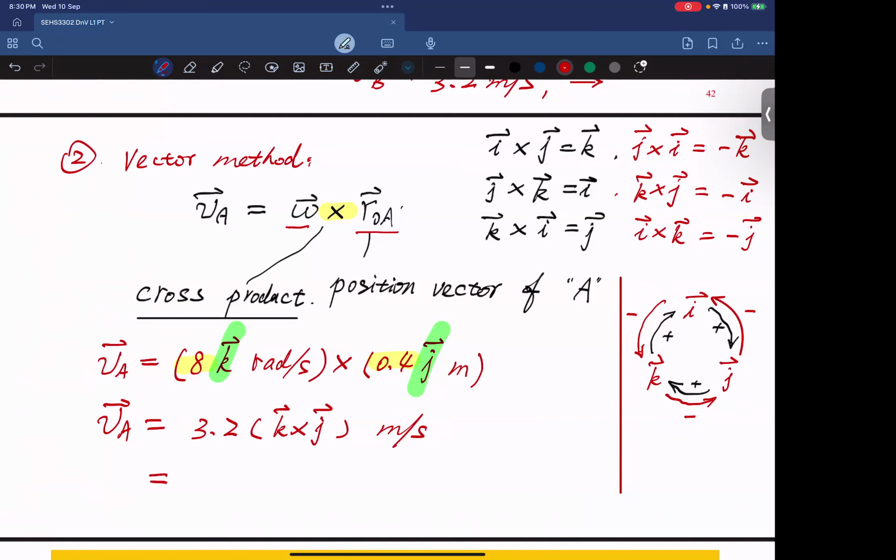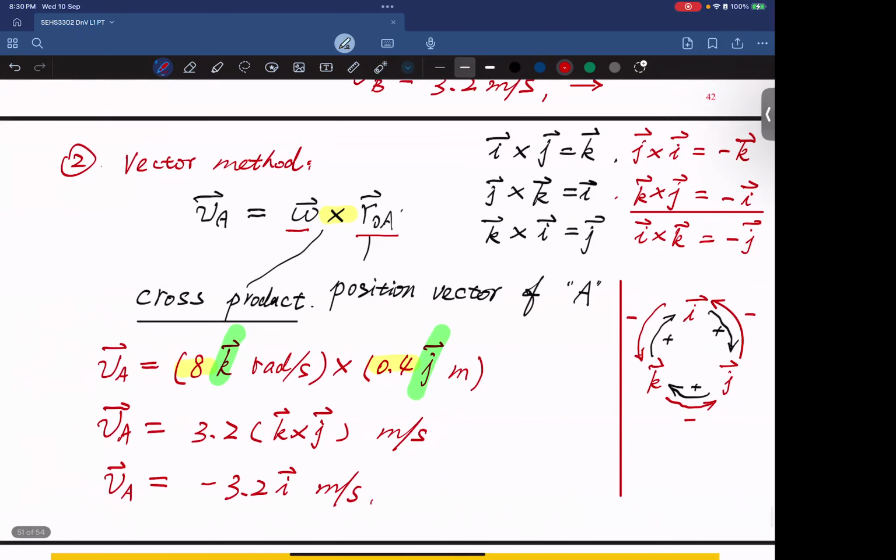So k cross j is negative i. So we get v_A equals negative 3.2 i meter per second. This is v_A. We calculate both the magnitude and the direction.